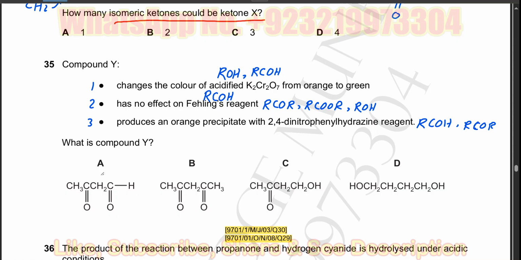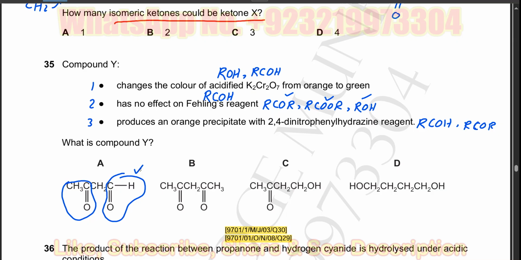Let's check option A. Option A has the aldehyde group and it has the ketone group. So what I see is that the second point, which is no effect on the Fehling's reagent, means it should have a ketone, or a carboxylic acid or alcohol, but it has an aldehyde group here.